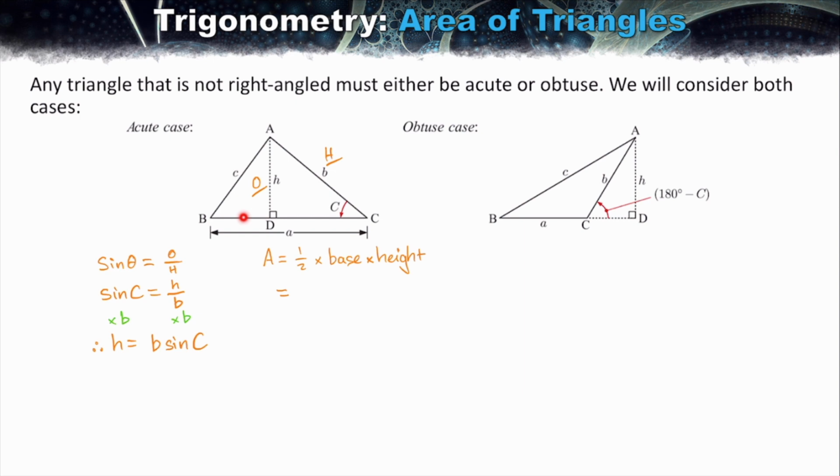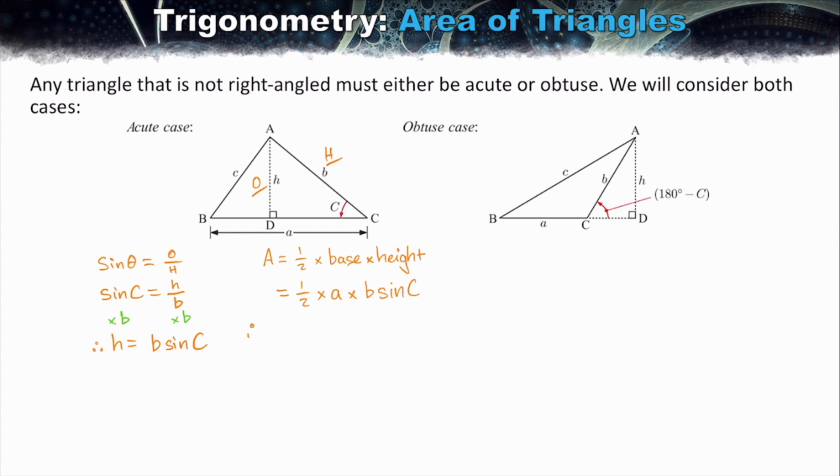If our height is here, our base is clearly this side length here, which we've labeled as lowercase a. So this is going to be equal to half times a times our height. But of course, we've got our height. Our height is b sine of C. So it's going to be times b sine of C.